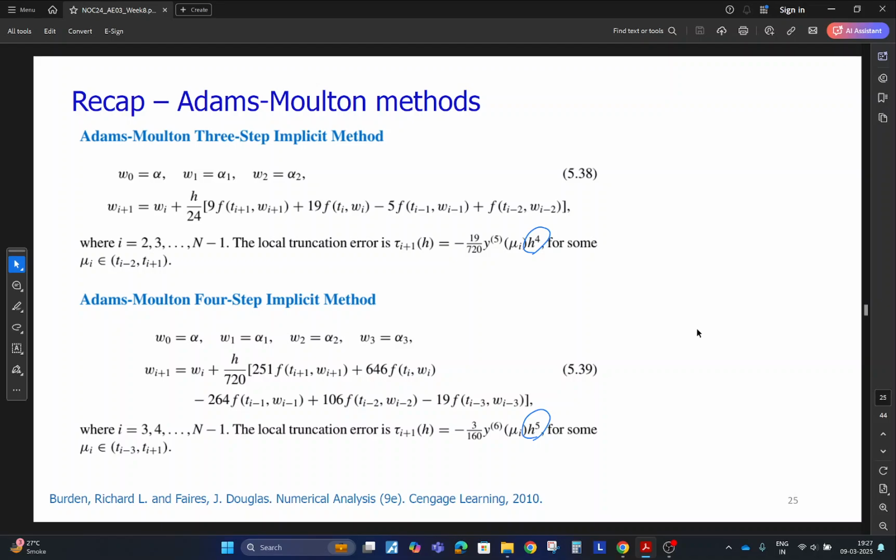In this case, the local truncation error is equal to minus 3 by 160 times the sixth derivative of y at mu_i times h to the power 5 for some mu_i belonging to (t_{i-3}, t_{i+1}).